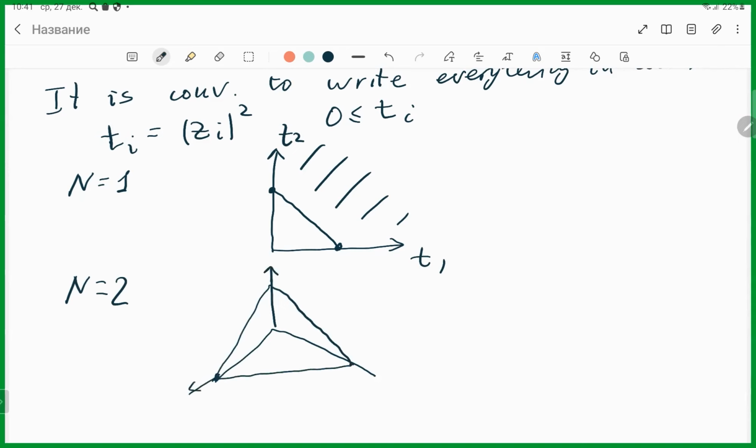In this particular case, I have a triangle.